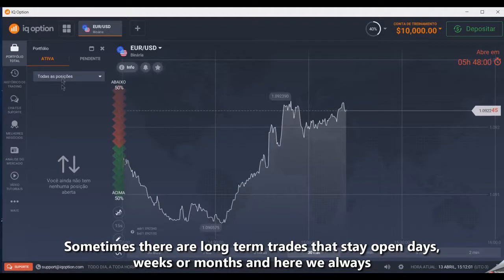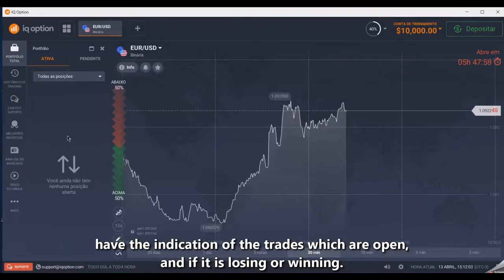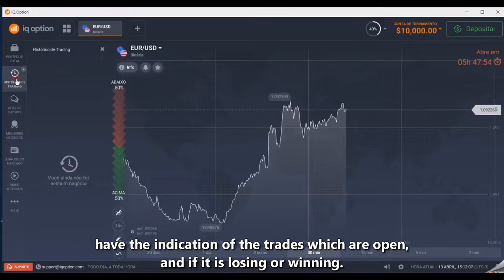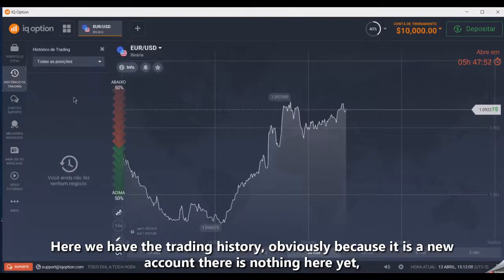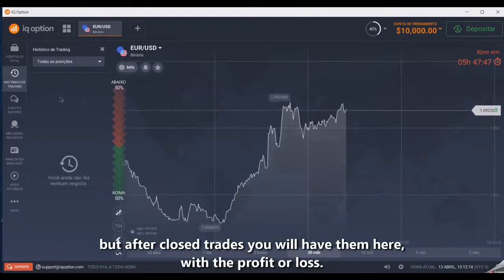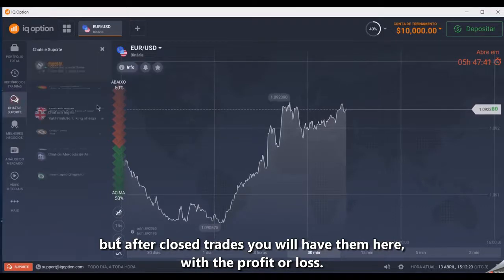And here you will always have the indication of the trades which are open and if they are losing or winning. Here we have the trading history, and obviously because this is a new account, there is nothing here yet, but after the closed trades, you will have them here with a profit or a loss.